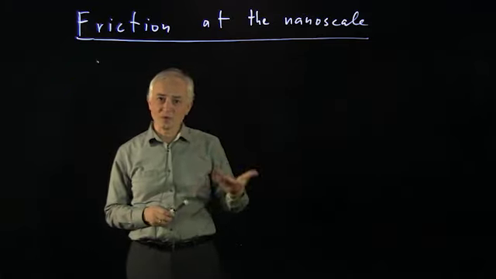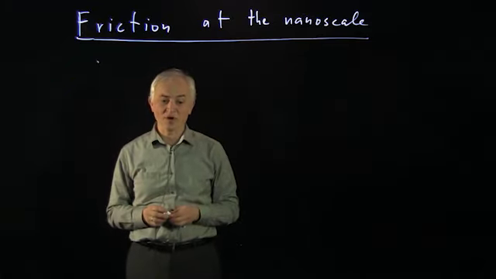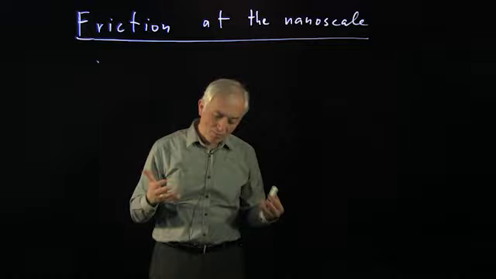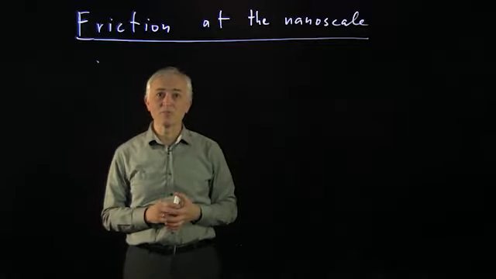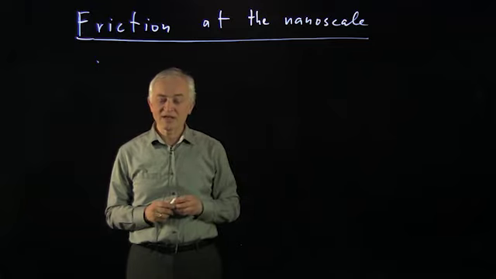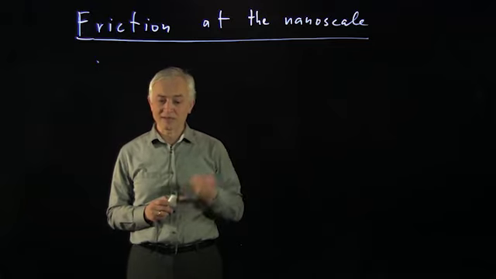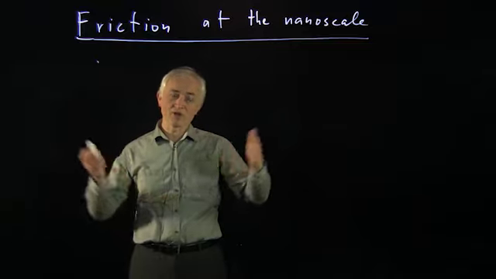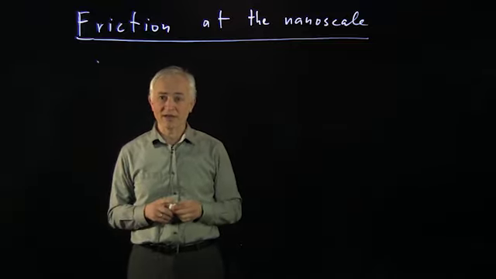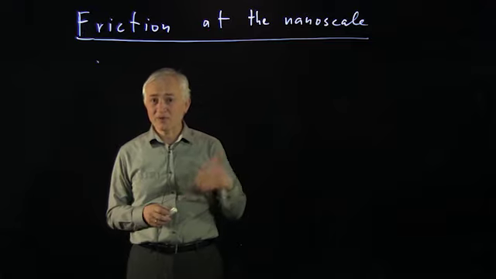So here I've told you about friction of macroscopic objects. Now people, chemists, physicists, other scientists, engineers are able to build smaller and smaller machines. And there's tremendous interest to build nanoscopic machines that are maybe only a small number of molecules or atoms wide and big. And there's been tremendous success.